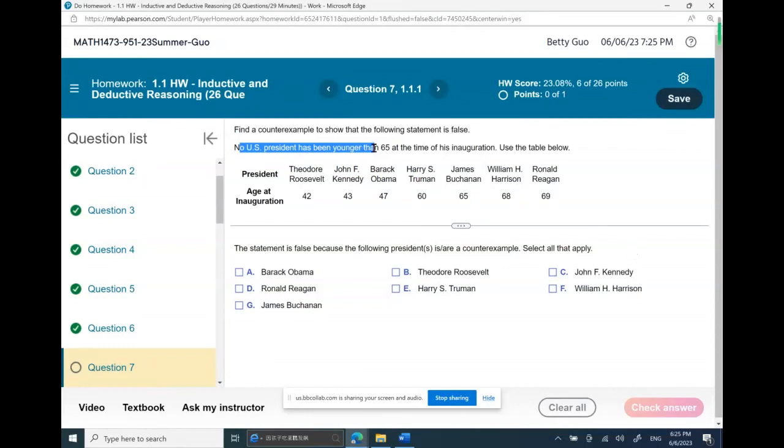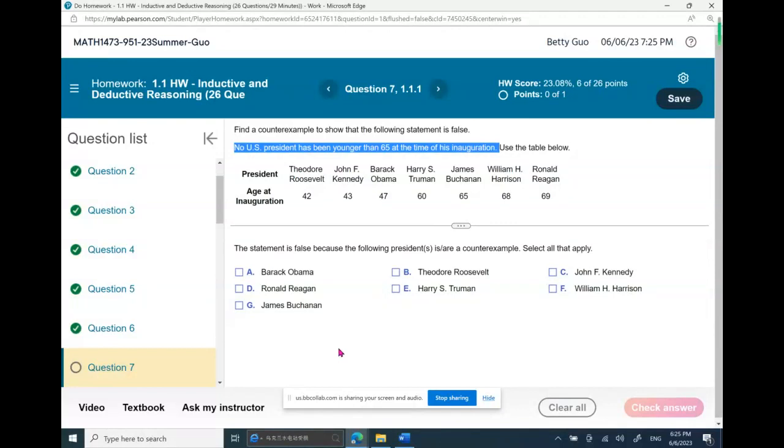No U.S. president has been younger than 65 at the time of his inauguration. Use the table below. Yeah, this is a statement. I'm highlighting. Has no U.S. Okay, this is a negation. No U.S.